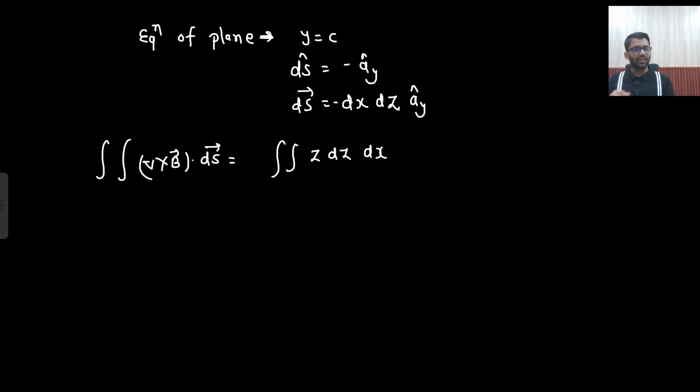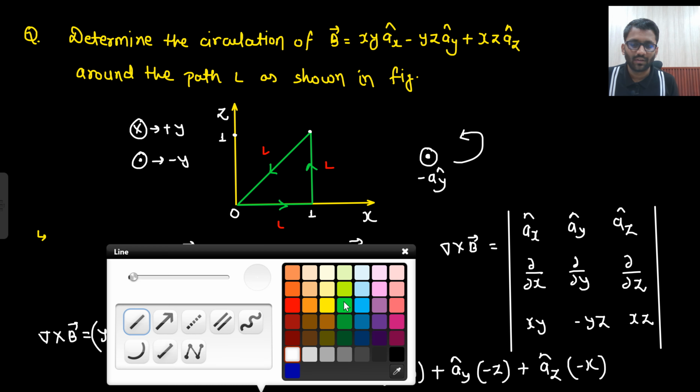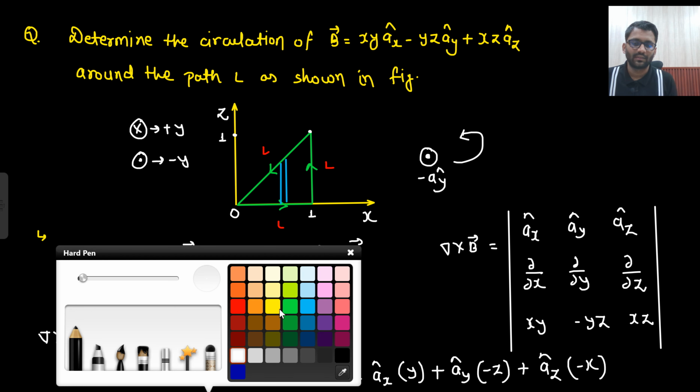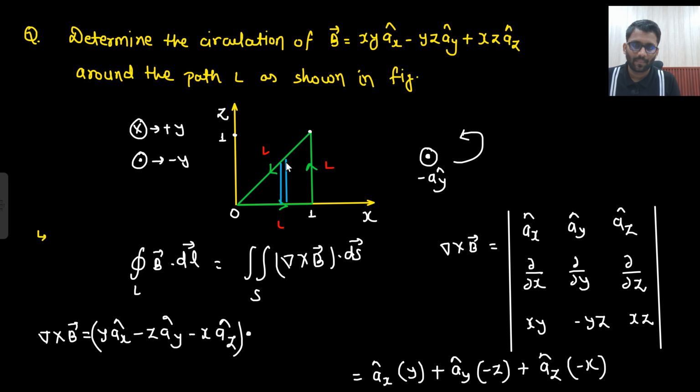So for putting the limit, what I need to do, I will take a strip. In any direction you can take the strip. I am taking the strip like this. So basically this will be your dx and this will be your dz, right?